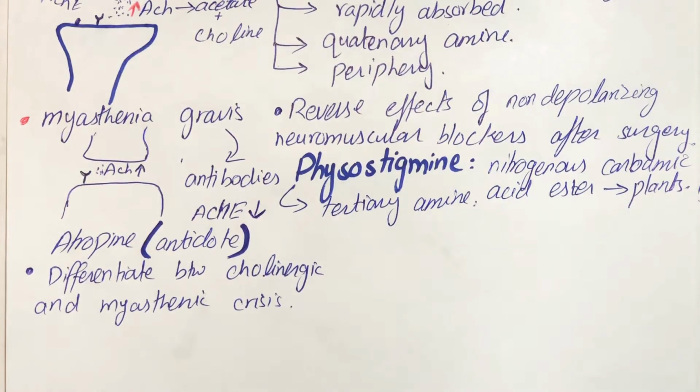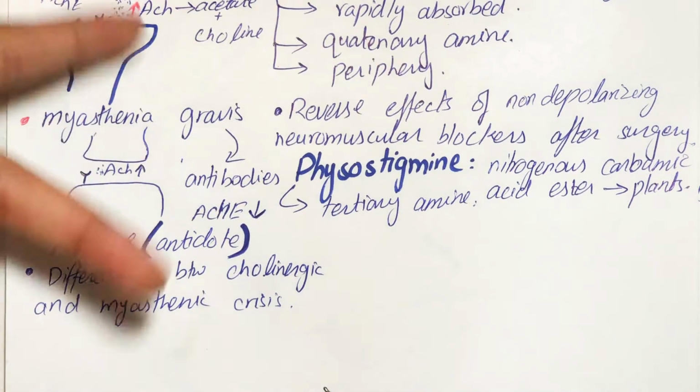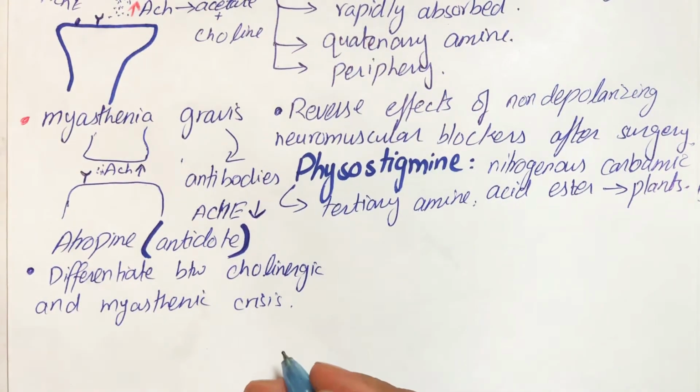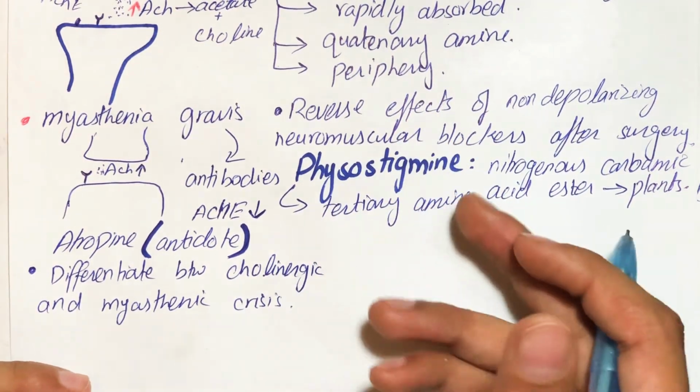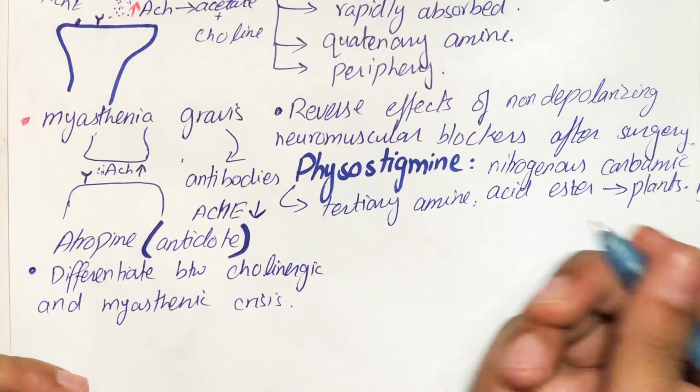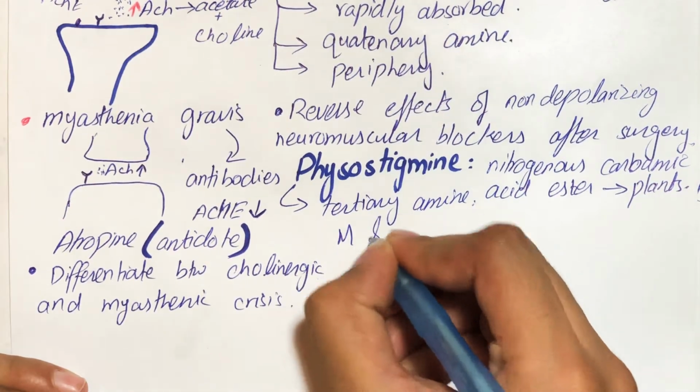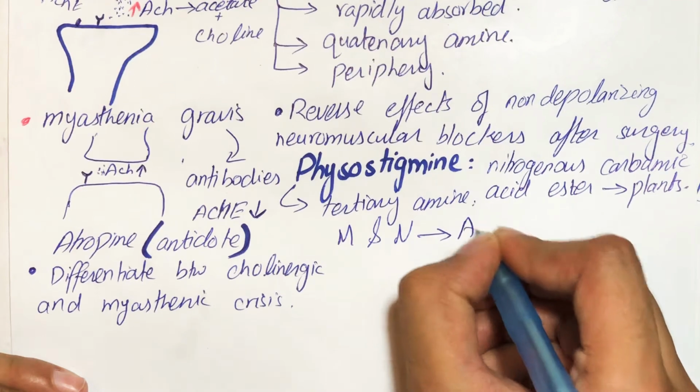The mechanism of action of Physostigmine is same as that of Edrophonium, which is it attaches at the active site of acetylcholine esterase, and it reversibly inactivates the enzyme and thus causes the cholinergic activity throughout the body. So if we talk about the actions of Physostigmine, it has a wide range of effects, such as it stimulates muscarinic and nicotinic receptors of ANS.